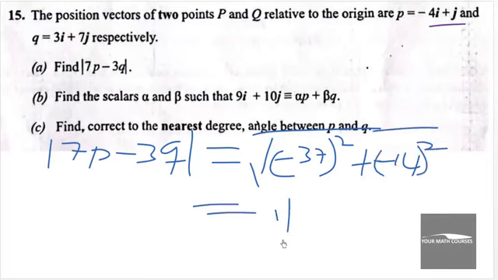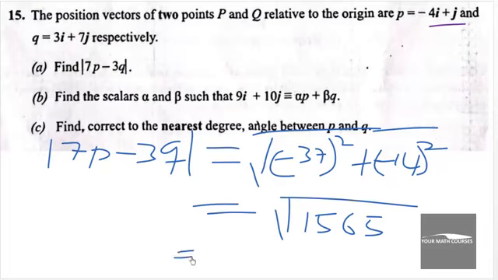And this will give us 1565, or in decimal form, we are obtaining 39.56 units.